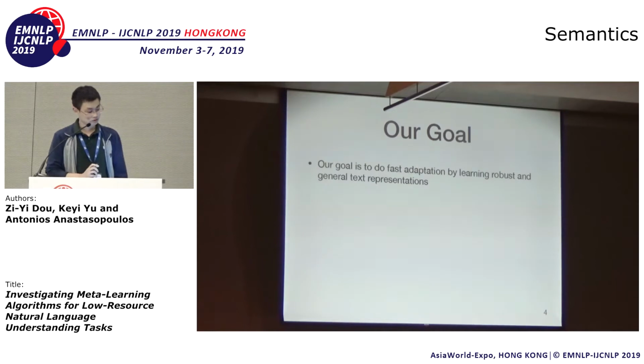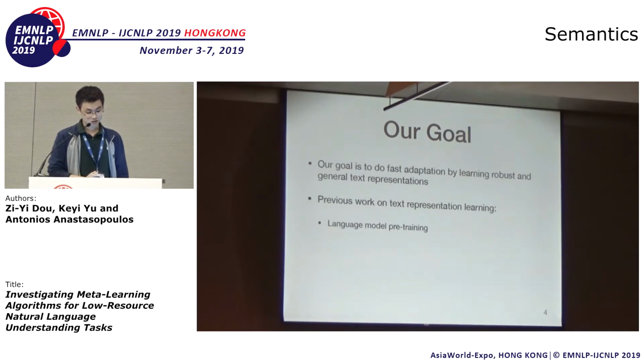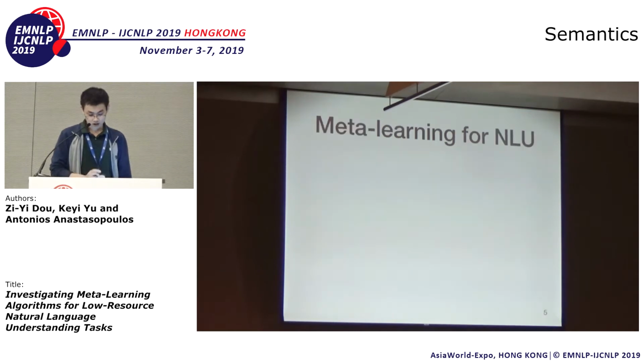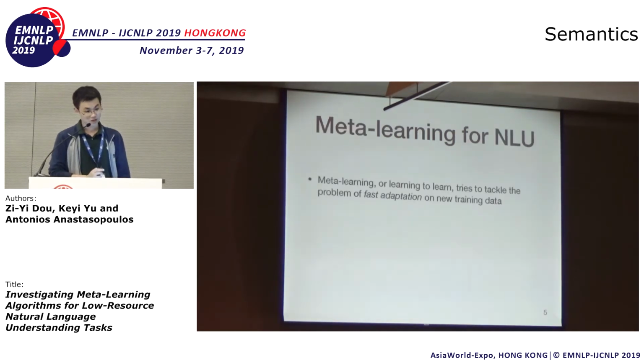In this paper, we try to do fast adaptation by learning robust and general text representations. Previously, researchers have tried to use language model pre-training, such as the BERT model, or multitask learning, such as the MT-DNN model proposed by Liu and others this year. In this paper, different from the previous papers, we try to use meta-learning to solve the problem.